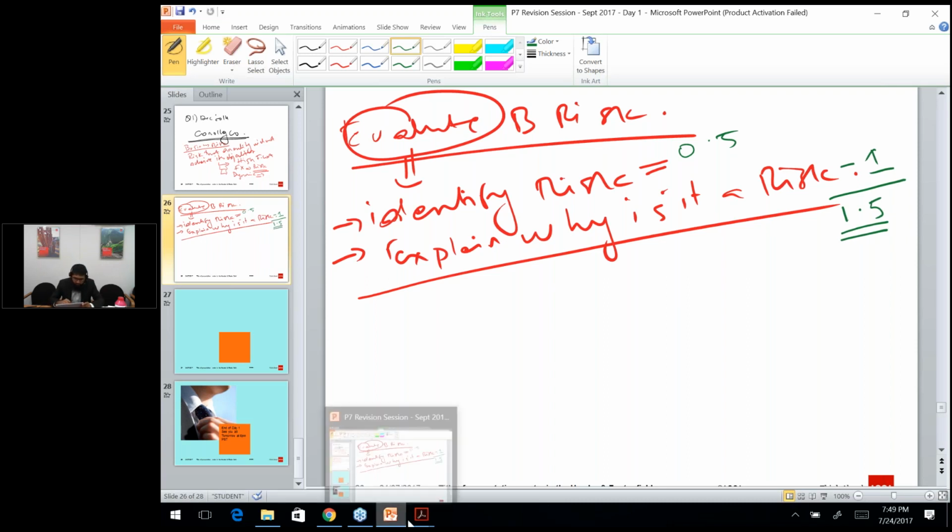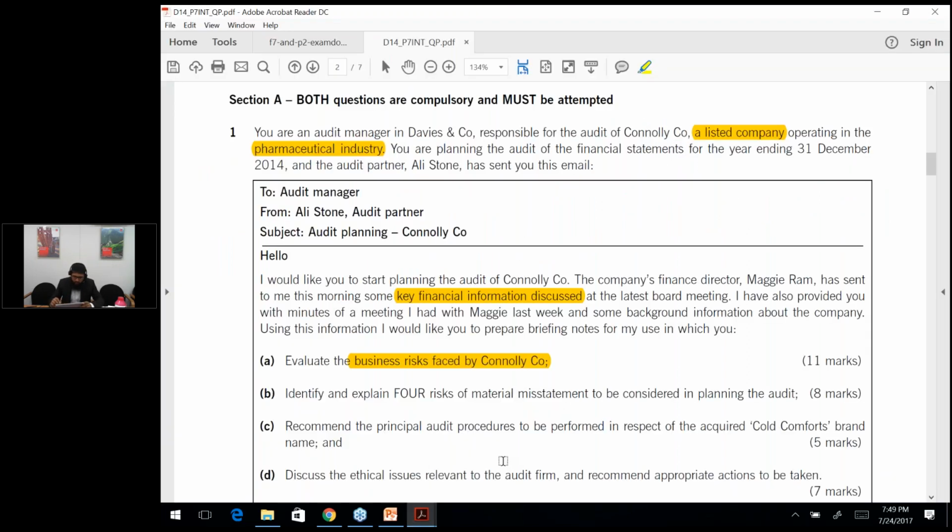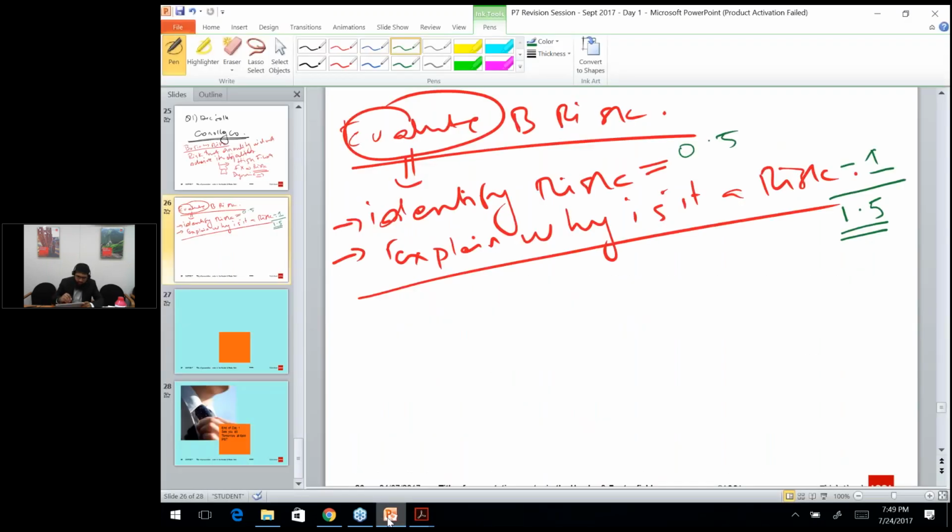If I talk about this question, which is December 14, question number 1, Connolly Company, it says evaluate the business risk faced by Connolly Company, and it's an 11 mark question. So 11 divided by 1.5 leads to approximately 7 risks. You need to talk about 6 to 7 risks.